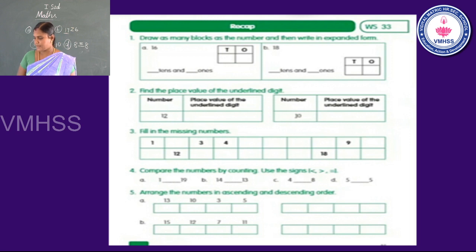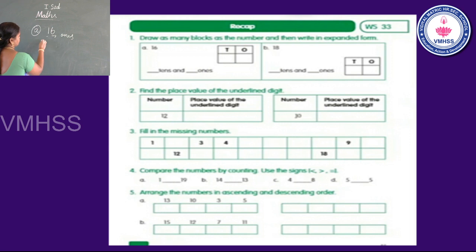Which one is the ones place number? Students, which one is the ones place number? Yes, 6. Very good. 1, 6, 16. Yes, 6 is the ones place. What is that?